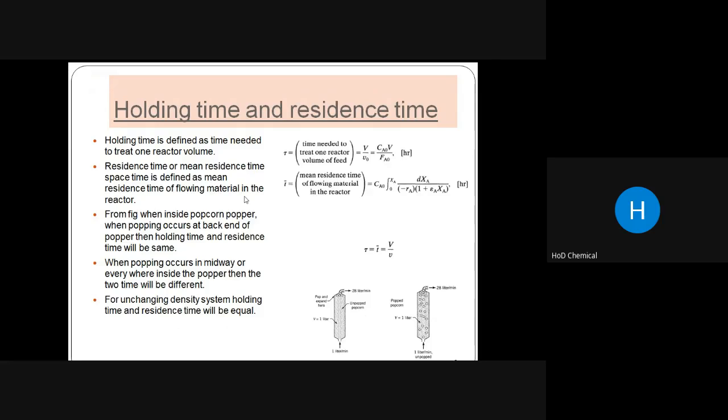It is the time in a reactor that has a uniform, constant volume, during which the reaction can happen. That is called the holding time.